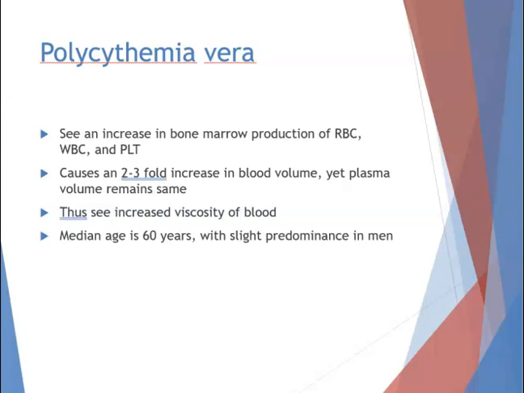Thus, we see an increased viscosity of the blood. And viscosity is referring to the thickness of the blood. We have so many blood cells being produced that the blood thickens. The median age is about 60 years of age for patients with polycythemia vera, and there's a slight predominance in men to have PV.